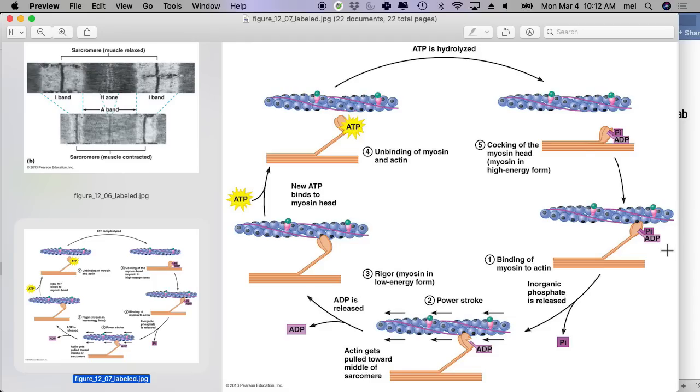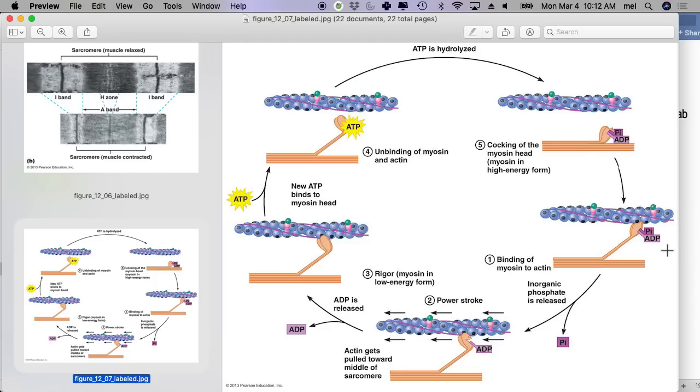So 2 things have to happen. 3 is ADP falls off. 4 is binding of ATP. The binding of ATP is what allows you to release actin from myosin. You break the cross bridge. Yes? But I'm still stuck here. How am I going to re-energize my catapult? Hydrolyze ATP back to the original position. Yes? Hydrolyze ATP. All right, one more flappy.